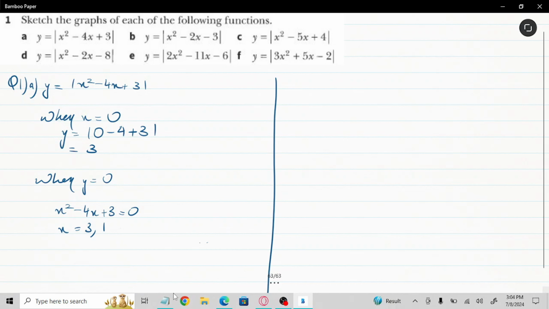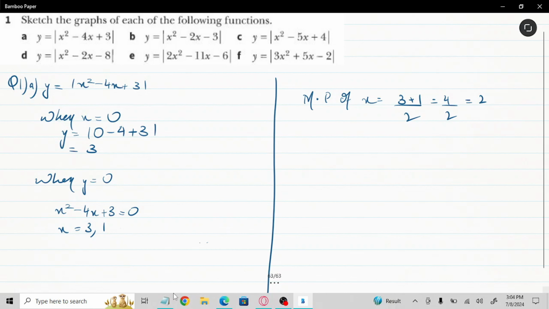What we are going to do now is find out the midpoint for our graph. So the midpoint of x, or you can say the stationary x value, is 3 plus 1 divided by 2, which is 4 divided by 2, which is equal to 2. So 2 is our midpoint.